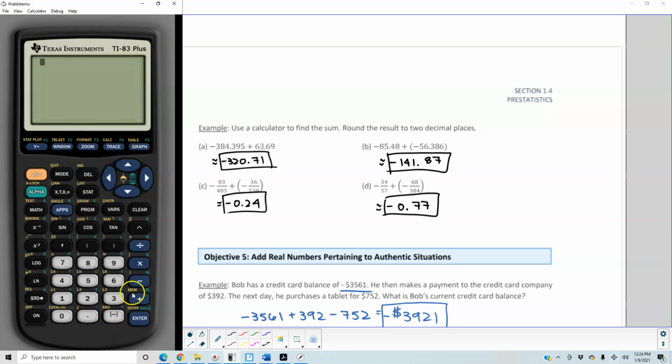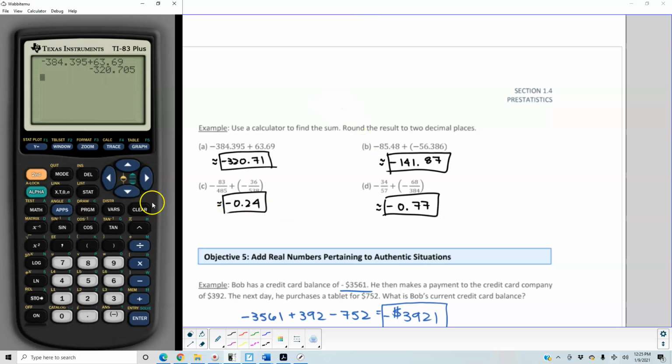So you have the negative 384.395, and then we're going to add 63.69, and that gives us negative 320.71 because we're rounding it to 2 decimal places.